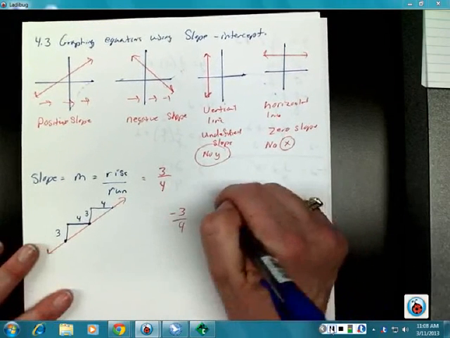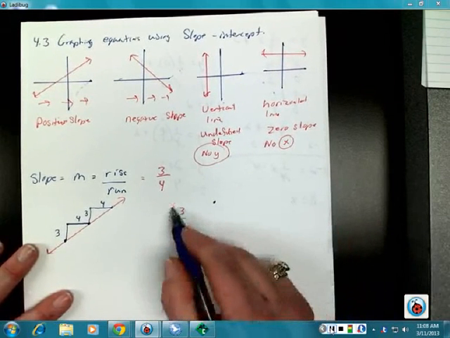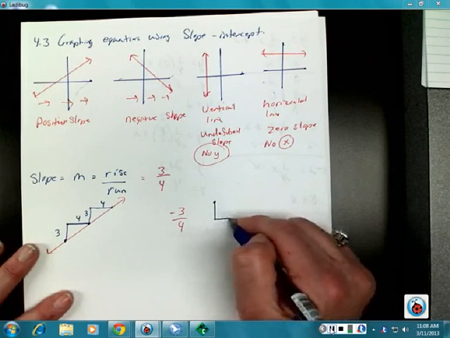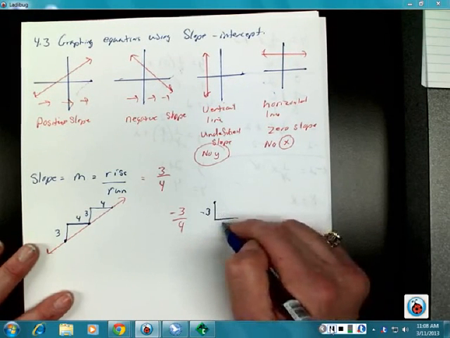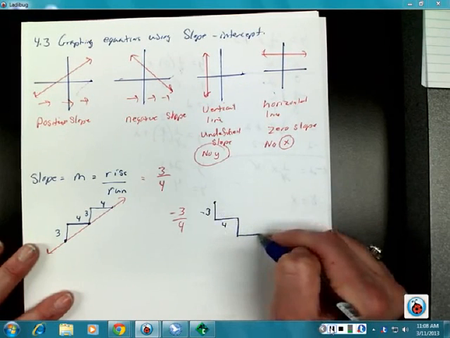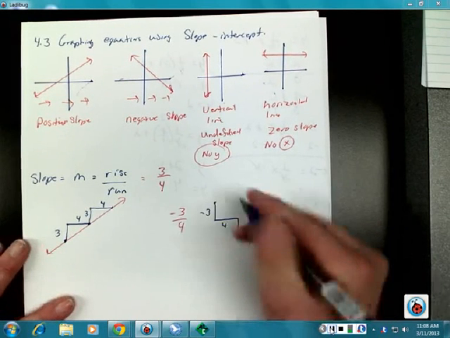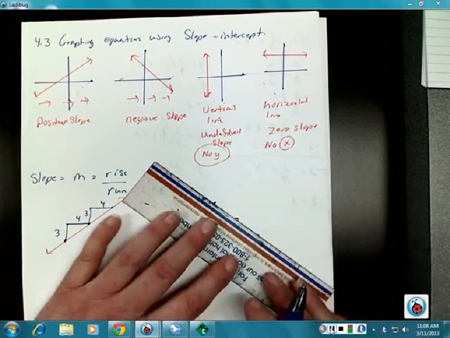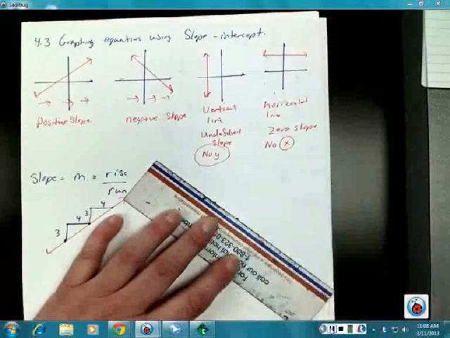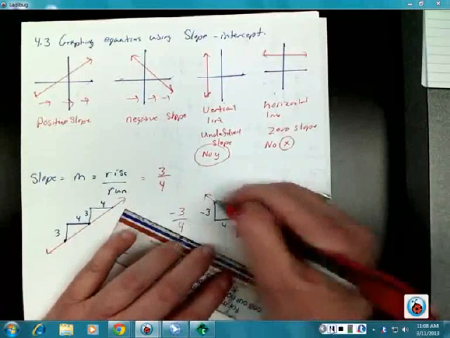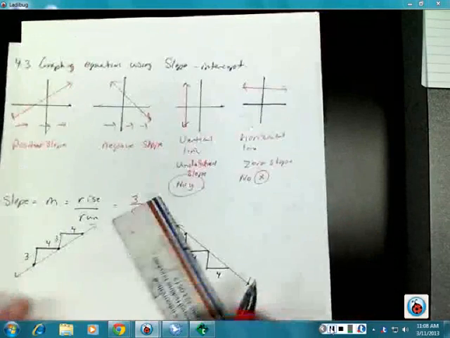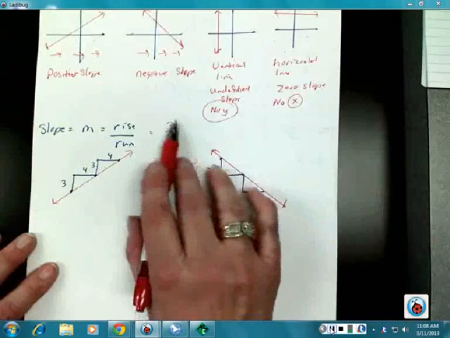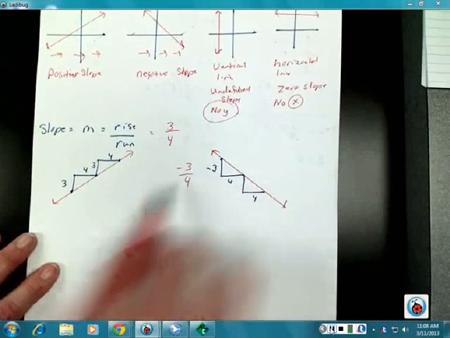Well, if this were my point I started at, my rise says to go down 3 and over 4, down 3 over 4, down 3 over 4, and it again gives me locations in there, but in this case, because I went down with my slope, I end up having a negative slope. So that's what makes the determining difference of whether that rise is positive or the rise is negative.